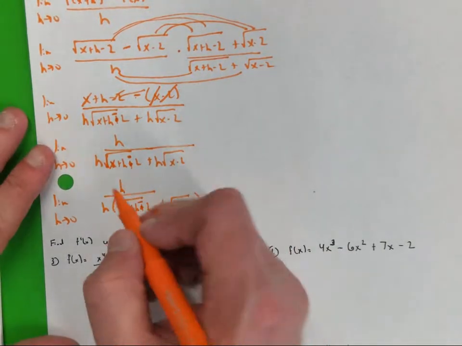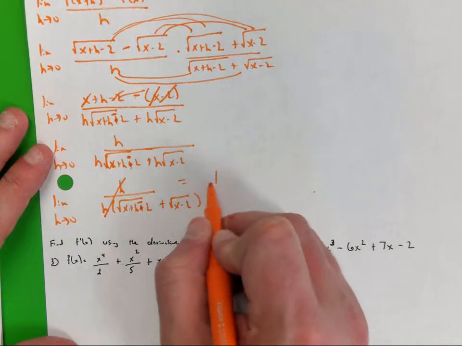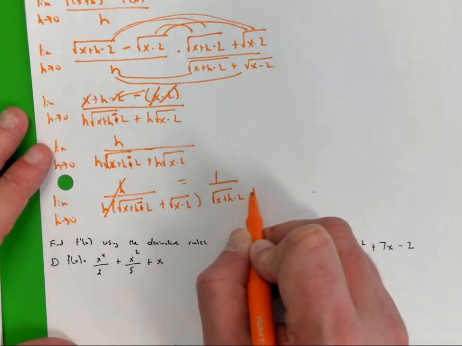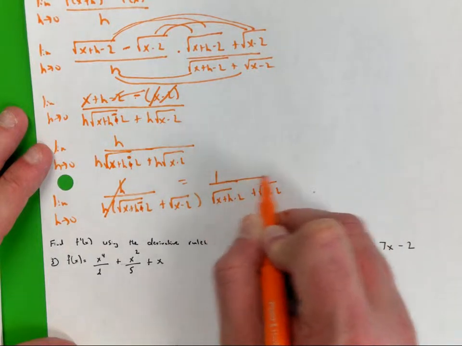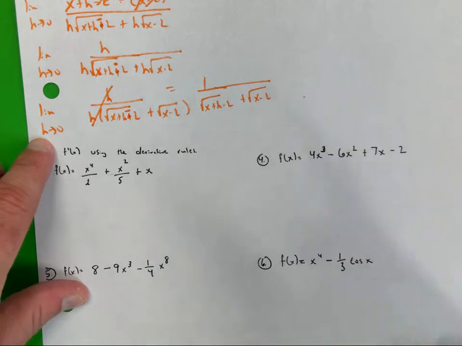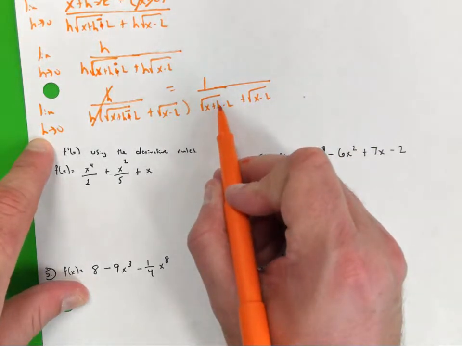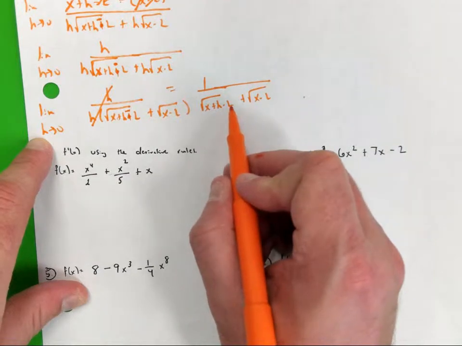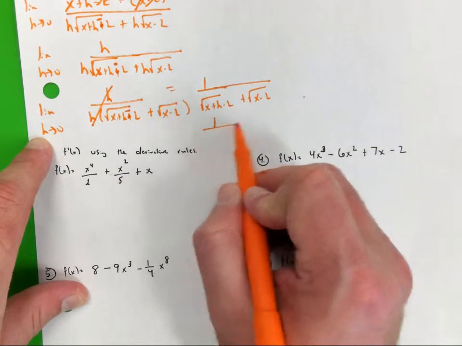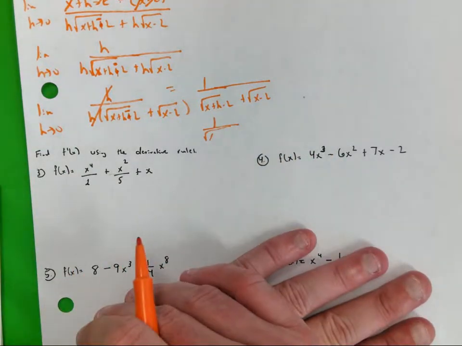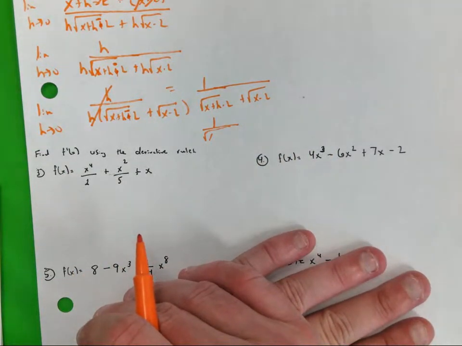What happens to these h's now? And I'm left with 1 over the square root of x plus h minus 2 plus the square root of x minus 2. Now I'm going to take 0 and I plug it in. x plus 0 minus 2 would just give me x minus 2, wouldn't it? So I'm left with 1 over... What, buddy? That minus 2 is supposed to be underneath the radical.